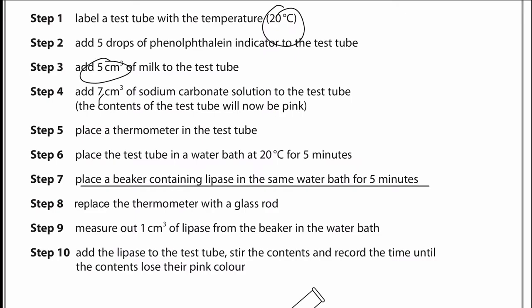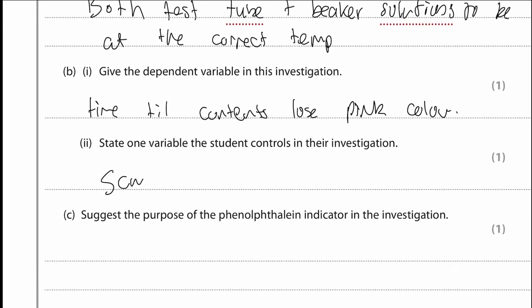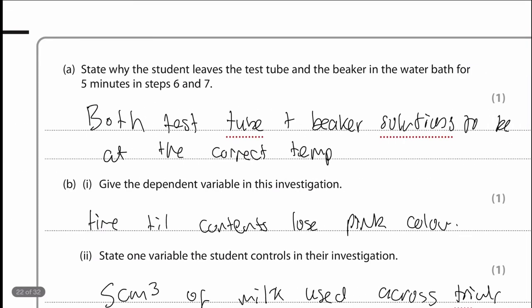That's a control variable. So I'm just going to use one of those: 5 cm cubed of milk used across trials. That's a control. We see the same volume of milk, and you can see that for the rest of them as well. Same volume of sodium carbonate, whatever you want to use.